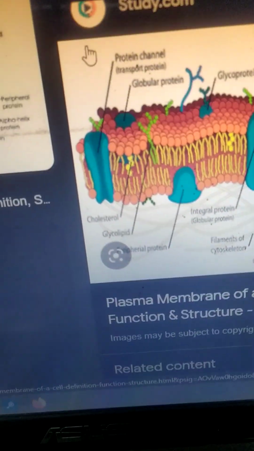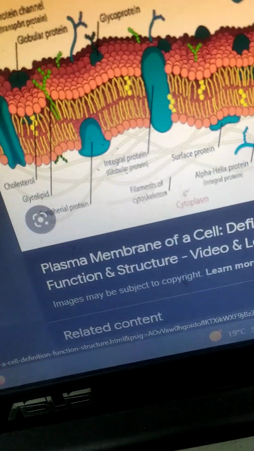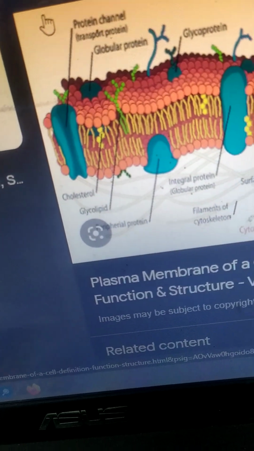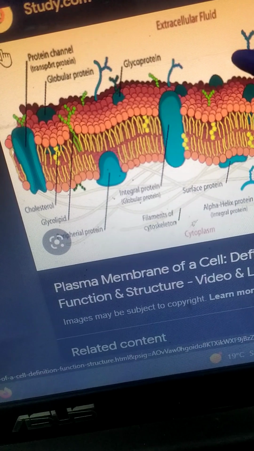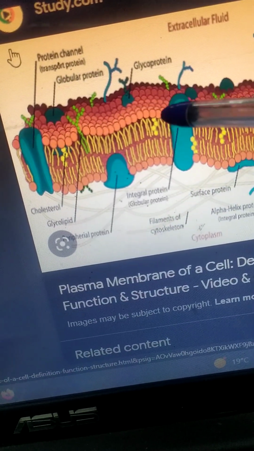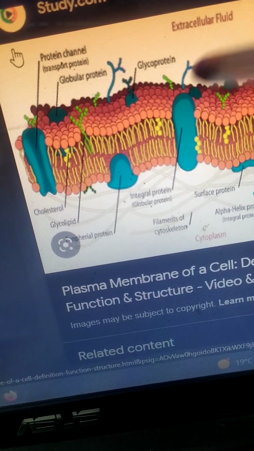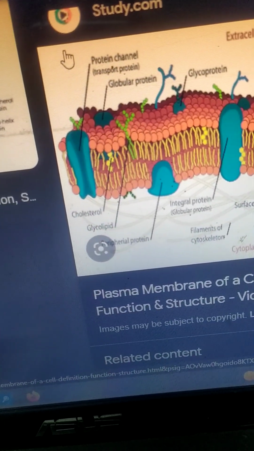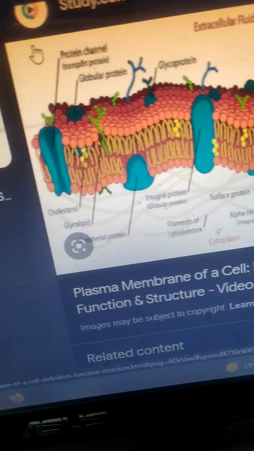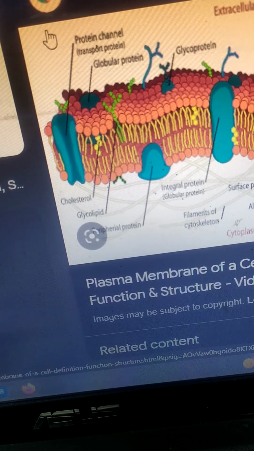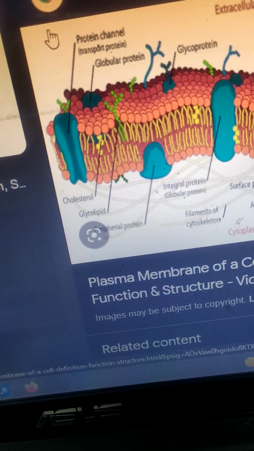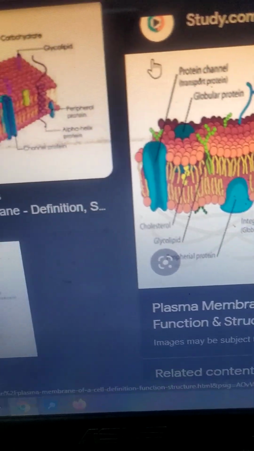Peripheral proteins are not covalently attached, and they can be easily removed, but integral proteins are fixed. They cannot be removed easily. So protein content is about 50%, 47% is lipid, and 3% carbohydrate is present.